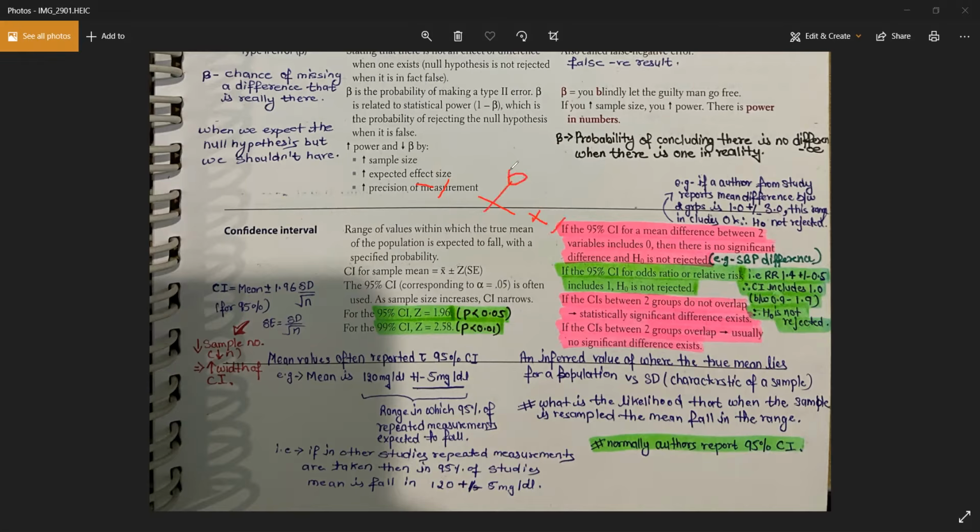Whenever this happens, your study immediately accepts the H0, or H0 is not rejected.